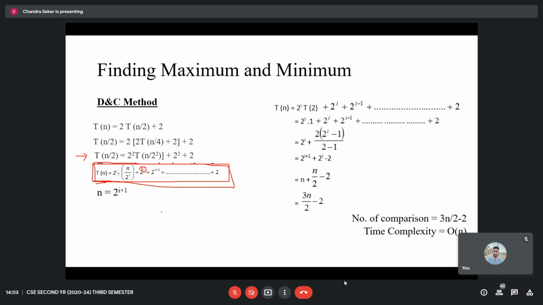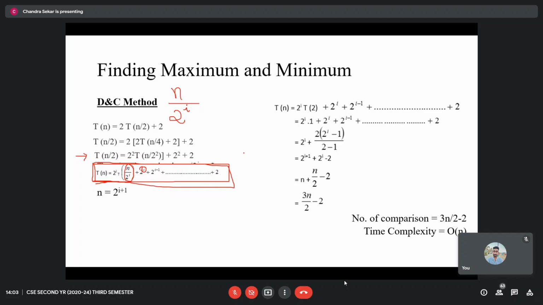Now what we do is take this part and equate it with the termination criteria. So we have n divided by 2 power i.